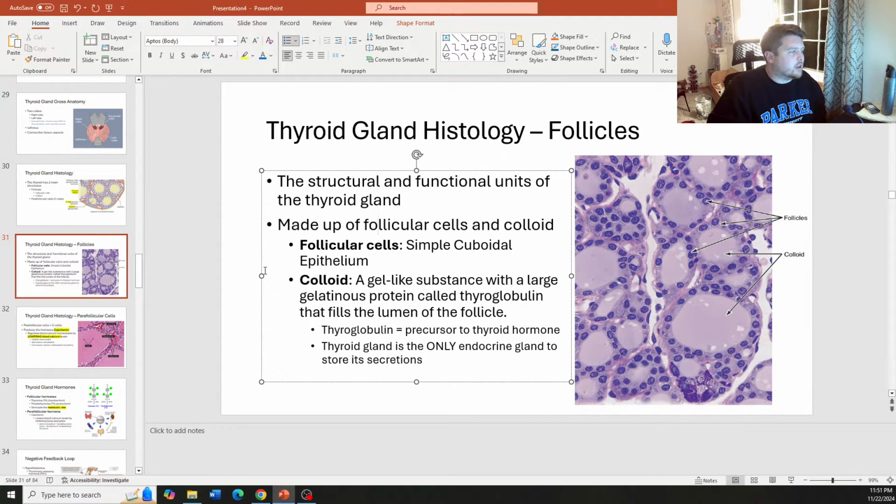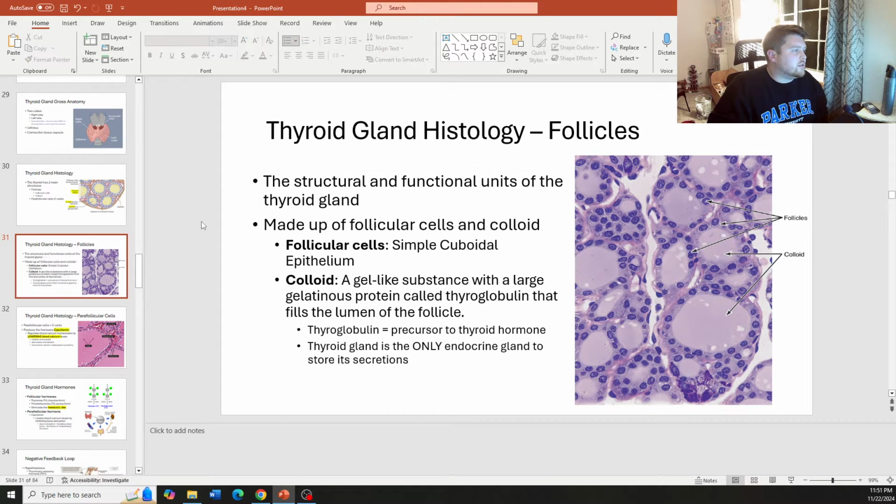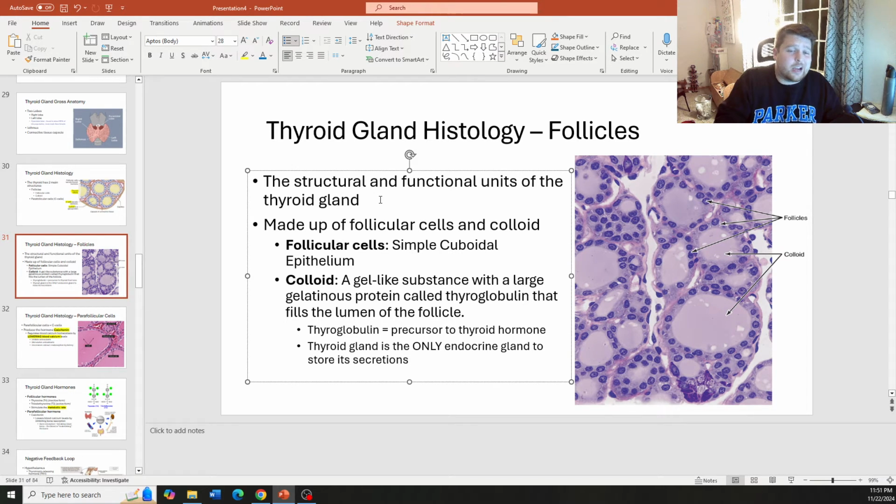Starting with the follicles. The follicles are the structural as well as the functional units of the thyroid gland. We think, what does the thyroid gland do? It's going to make thyroid hormone. The follicles are made up of follicular cells and the colloid. So right here, each of these circles, these are the follicles.